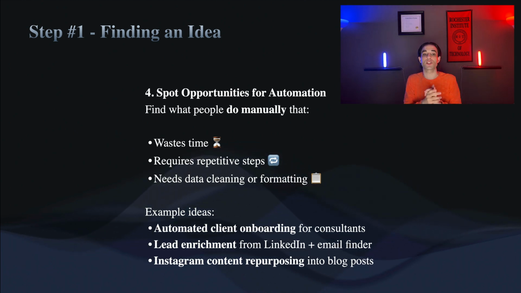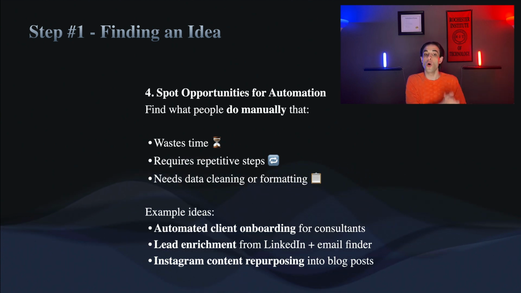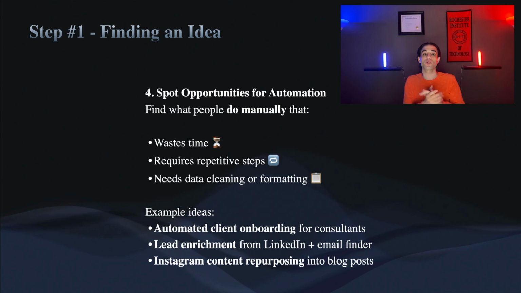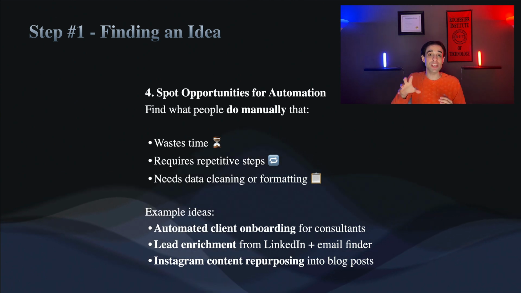Example ideas would be automated client onboarding for consultants, lead enrichment from LinkedIn plus an email finder, or Instagram content repurposing into blog posts. Those are just a few examples to think about when it comes to integrating automation into your software product.